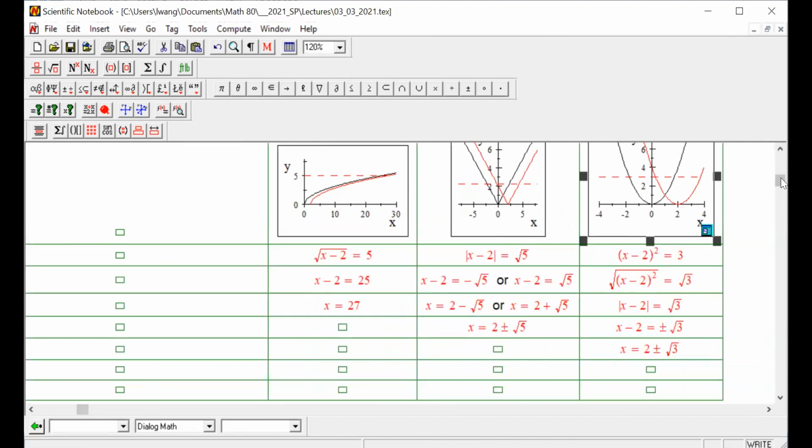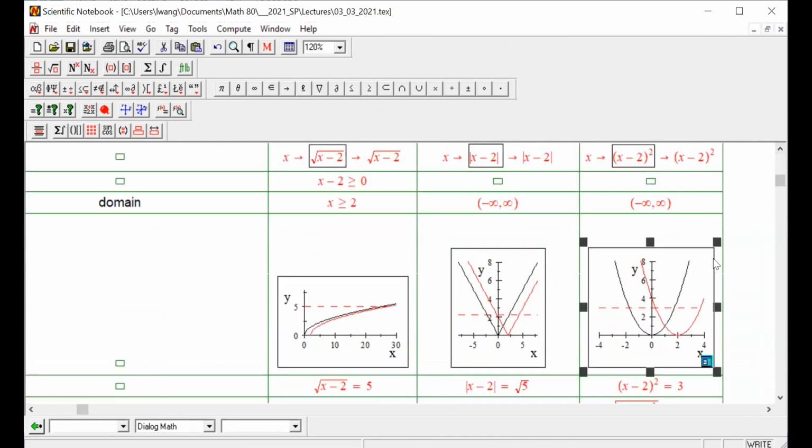You see that the rule has a minor change, because instead of doing x squared, now we're doing x minus 2 squared. We first do x minus 2 and then square. As a consequence, the curve is shifting. All 3 curves, including the red curve, are shifted. The input is x, and we take the input minus 2.